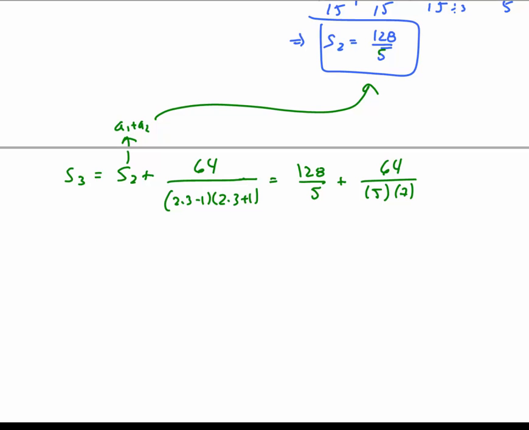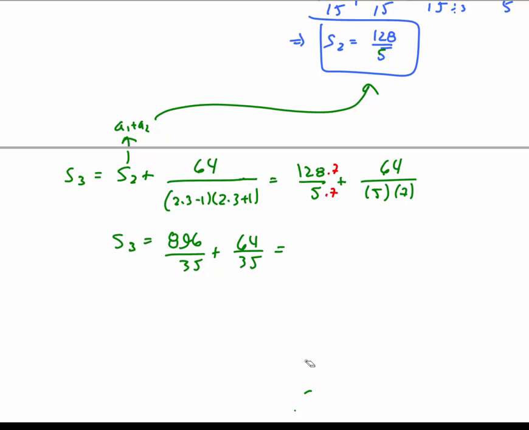So finding a common denominator here, I can multiply top and bottom by 7. So s sub 3, remember we're looking at s sub 3 here, would be 128 times 7, which would be 896 over 35 plus 64 over 35.